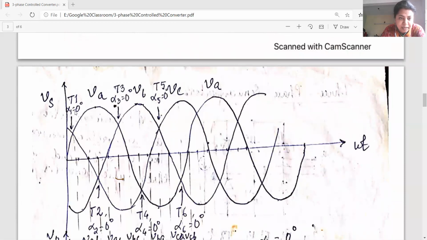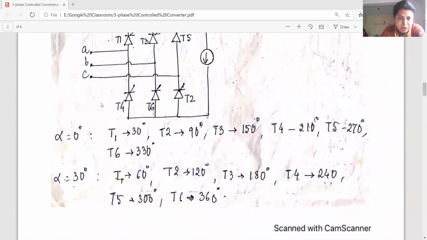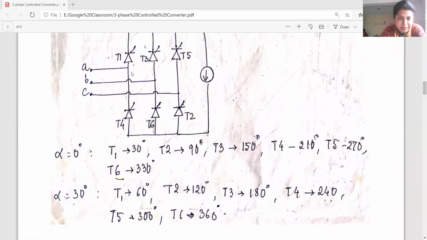Then after this instant, VA is maximum positive. VA is maximum positive means T1 is forward biased.